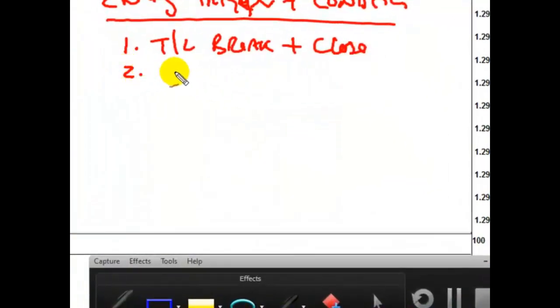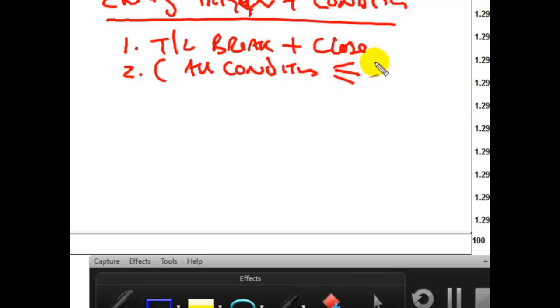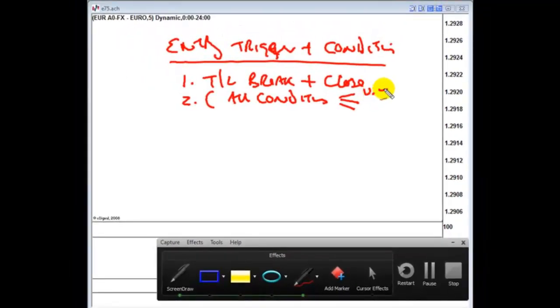And of course, let's just put this into brackets, all conditions must be in place. And we had three conditions, remember? A valid trend line, we had oversold or overbought, and we had the whole Bollinger Band thing. So that's got to be in place, of course, and then we need a trend line break and close beneath or above that valid trend line.